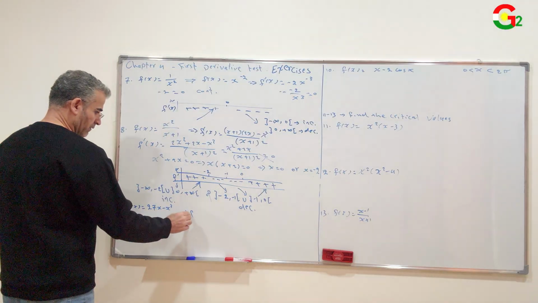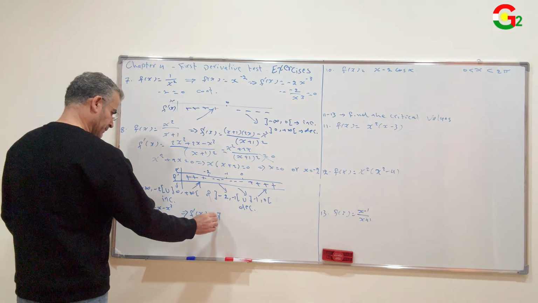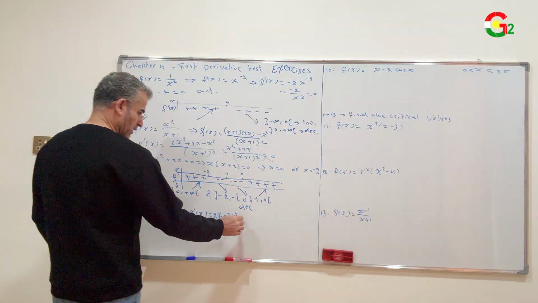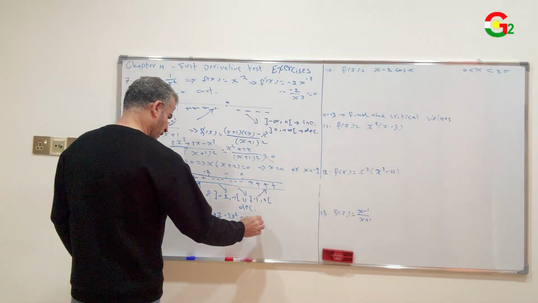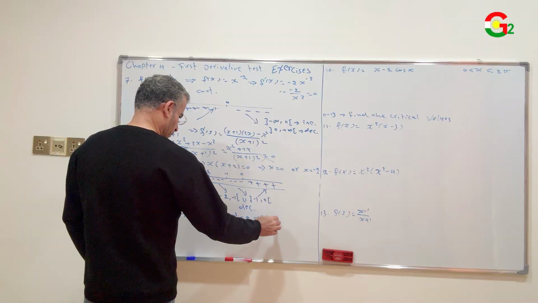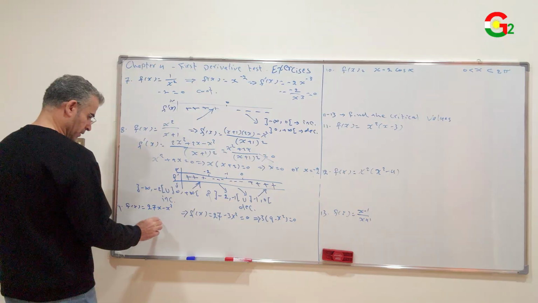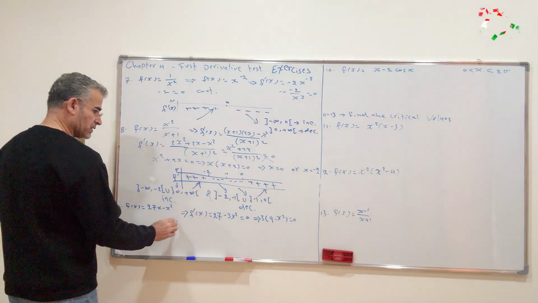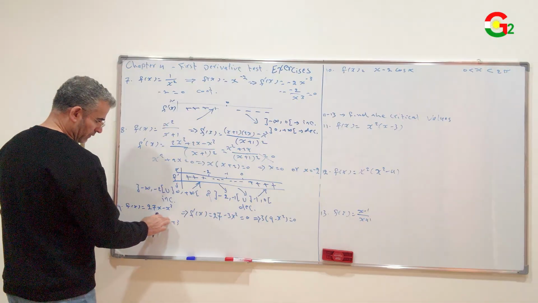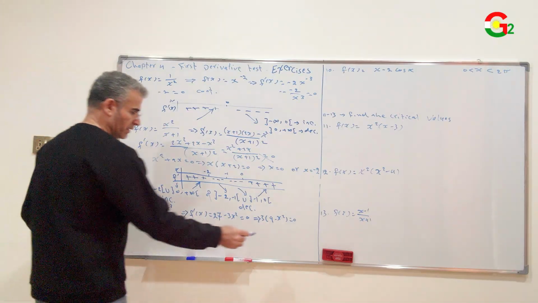Find the derivative of this function: f prime of x equals 27 minus 3x power 2. Set it equal to 0, factorize by 3, 9 minus x squared equals 0, x equals plus or minus 3. Negative 3 and positive 3 are the critical points of this function.